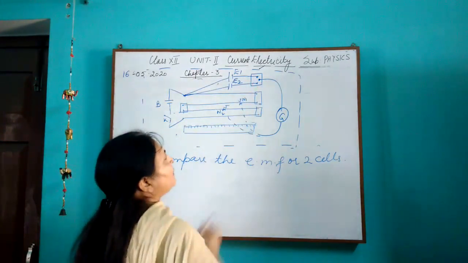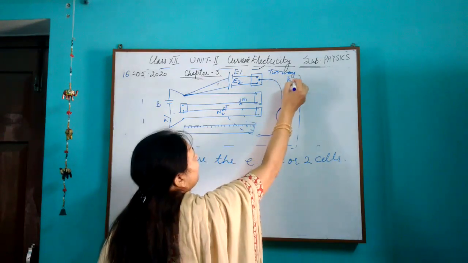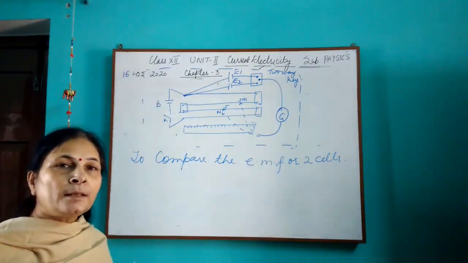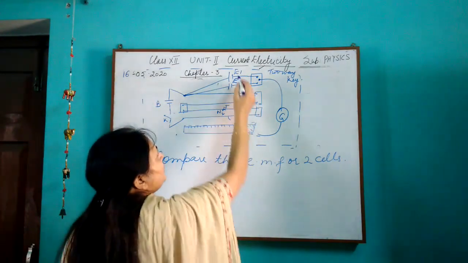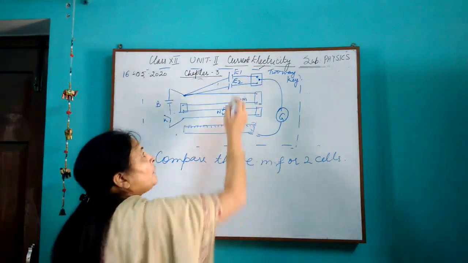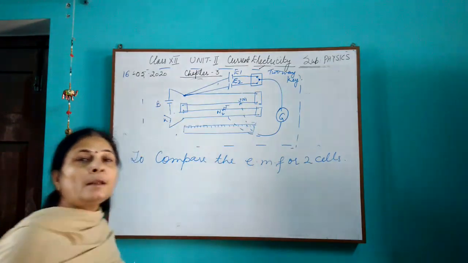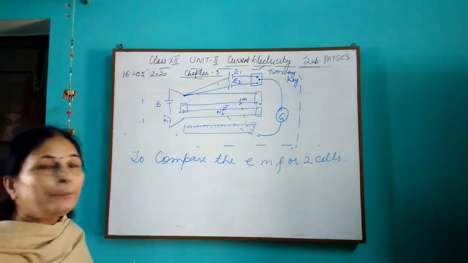Then we have here a two-way key, because one of the cells will be taken in the circuit at one time. So when E1 is to be in the circuit, we'll put a key here. And when E2 is to be taken in the circuit, we'll put the key here. So again and again, we'll not have to connect. So we have taken a two-way key.